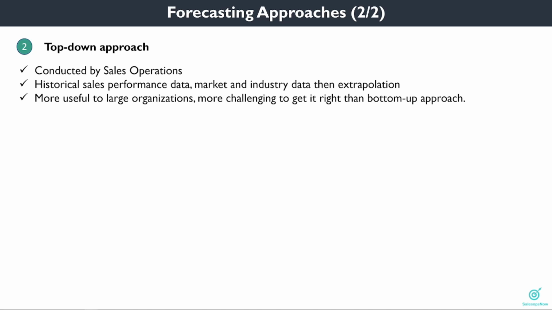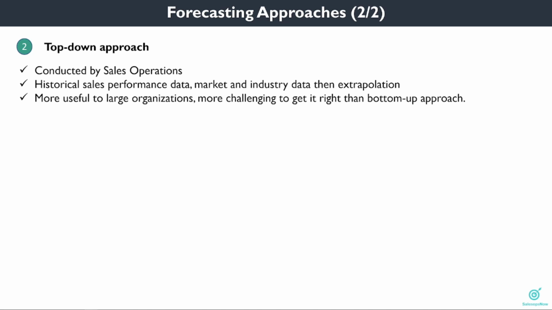Top-down forecasting. Top-down forecasting takes the opposite approach and is conducted by the sales operations team. It relies on historical sales data and extrapolation. This means that past sales performance metrics and trends are used to predict future sales performance.